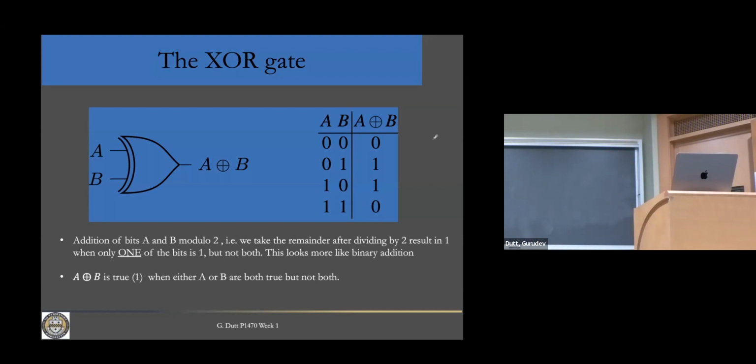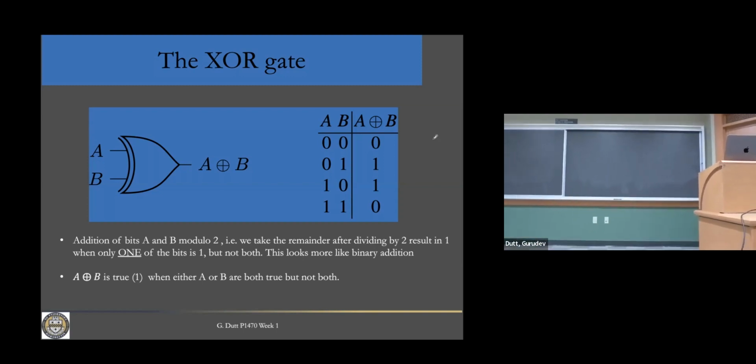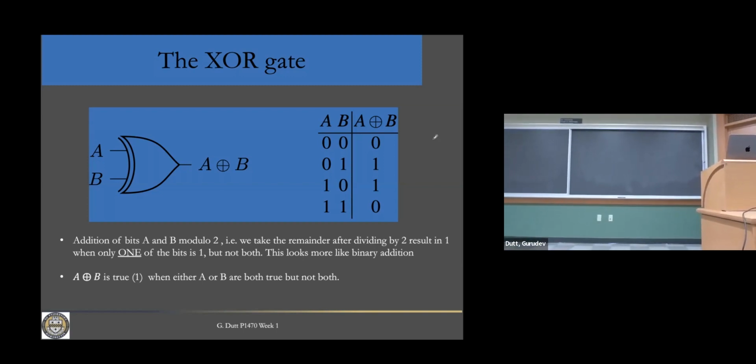Okay, so it's worth just a second to understand this, which is modulo 2 addition. If I take 0 plus 1, that is 1, and then modulo 2 means I divide by 2 and I take the remainder.